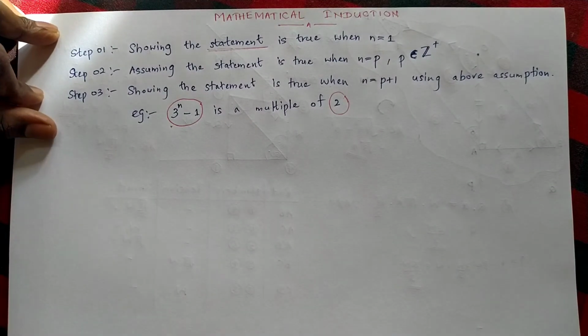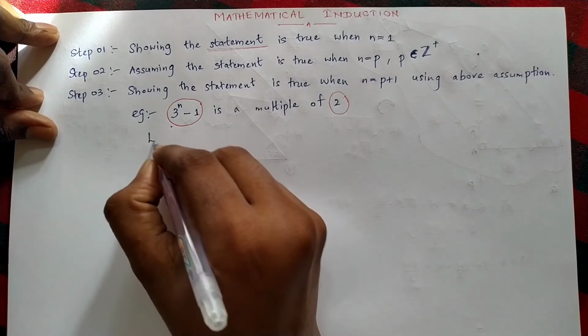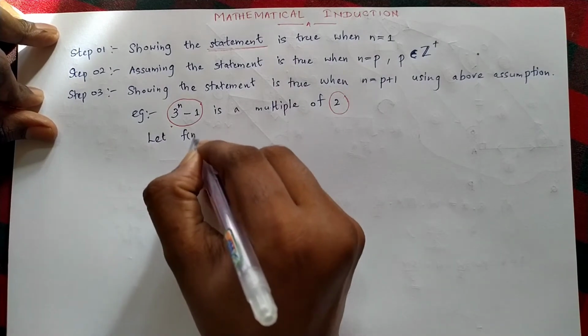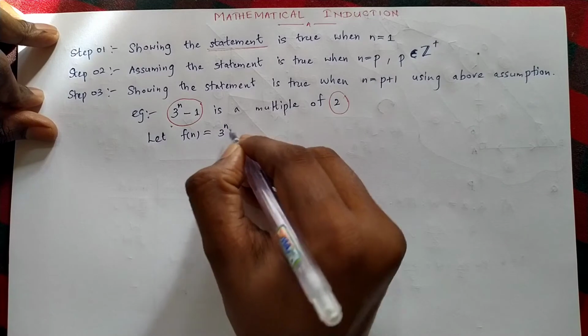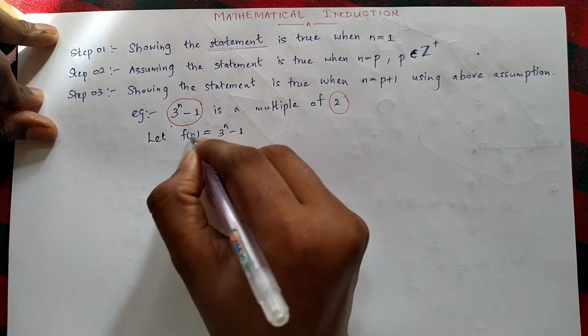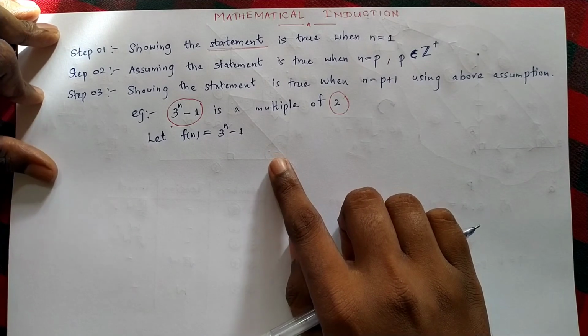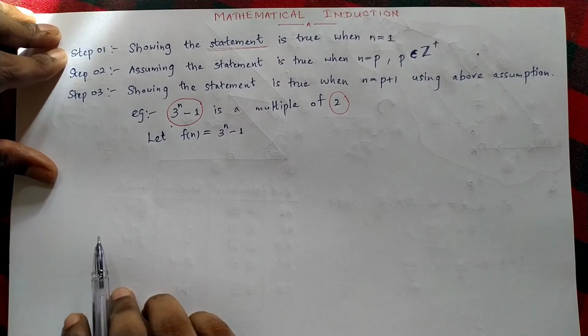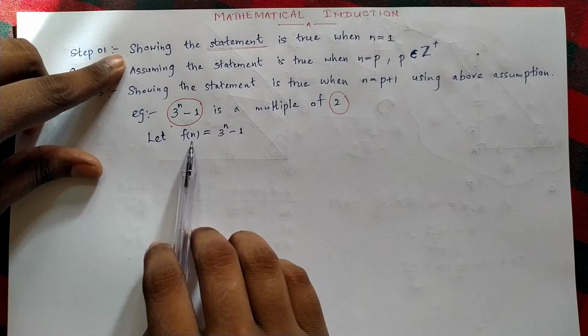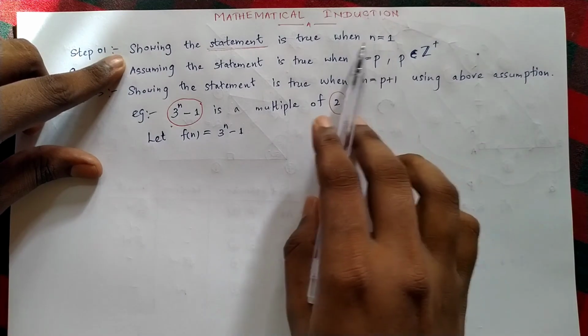So first thing is to consider the statement 3 to the power n minus 1 as f of n. That is for our convenience. Now what is the first step? Showing f of n is true when n equals 1.